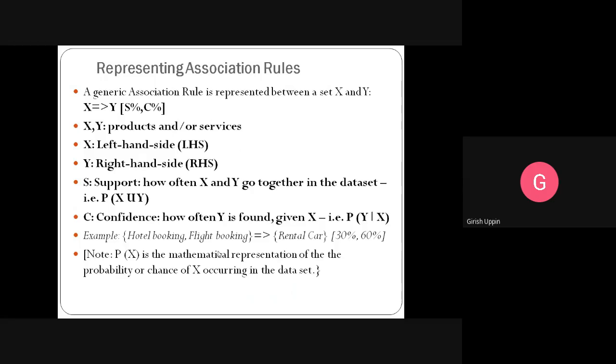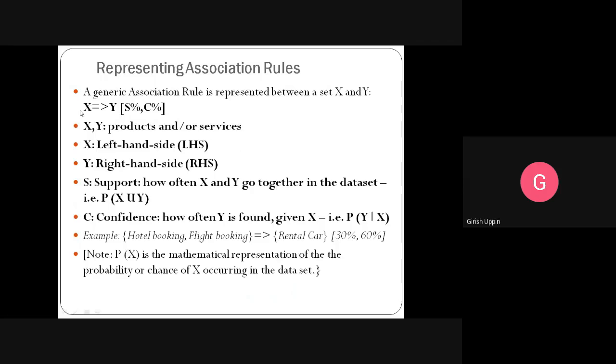Representing the association rule: you can see a generic association rule represented between the sets X and Y. Here X implies Y, and this S percent is the support, and this is the confidence. Here X and Y can be a product or any kind of service.